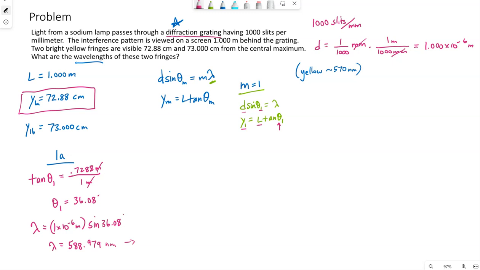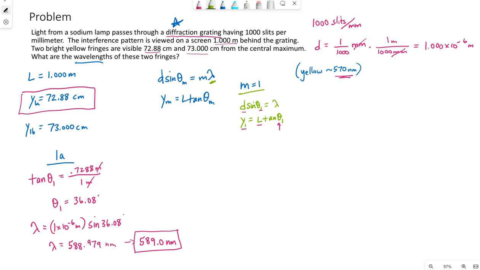This is in the visible region. It's a bit higher maybe than we expected in terms of that 570, but that 570 is an approximation. So one of the wavelengths of light is 589.0 nanometers. We do know this to 4 significant figures because these measurements are very accurate to 4 or 5 for the 73. So that is one of the wavelengths.